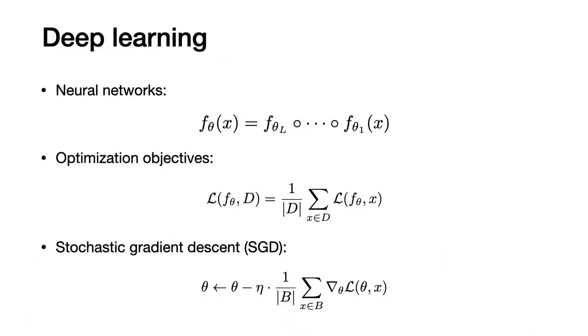First, I will brief you on some background regarding deep learning. As we know, it has achieved quite some results. In deep learning, we use neural networks as the parametric models, which can be considered as compositions of parametric functions.